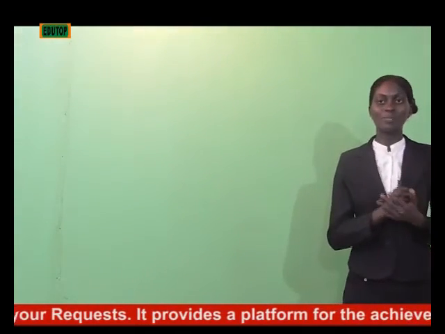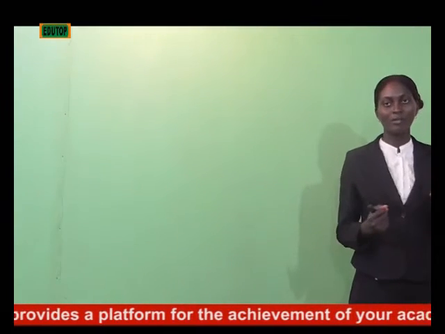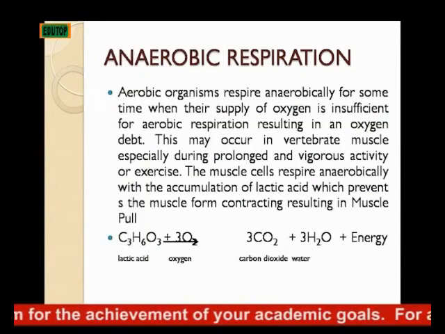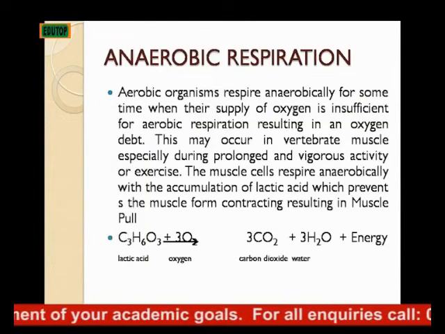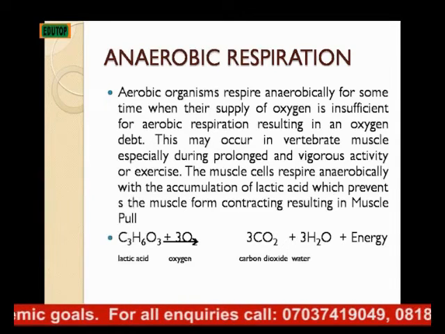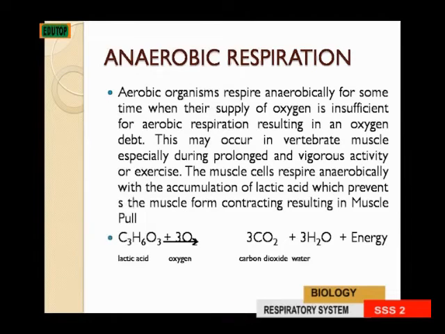This may occur in vertebrate muscles, especially during prolonged exercise or vigorous activity. The muscle cells respire anaerobically with the accumulation of lactic acid, which prevents the muscle from contracting, which eventually leads to muscle pull. And this is the equation that represents that.